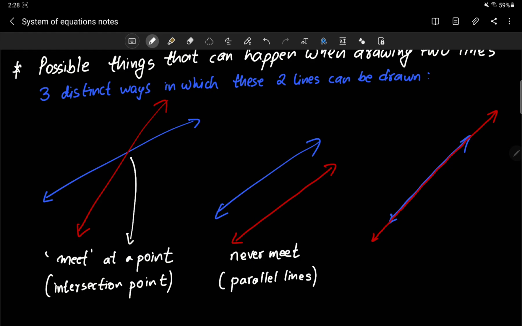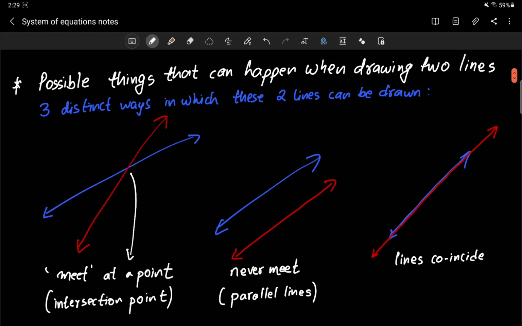In this case, we say the lines coincide. So they are coinciding lines, meaning they are exactly the same line. Now the point here is that although there are infinitely many ways in which you can draw these two lines, any drawing that you make is going to fall into one of these three categories.